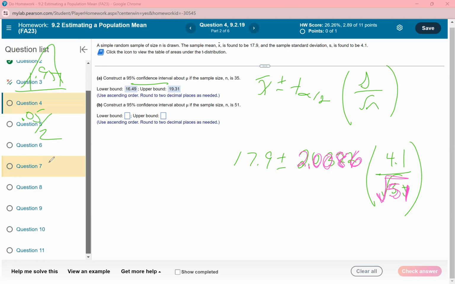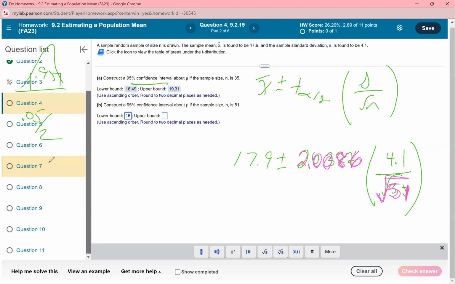Up arrow, go back, changing that minus after the 17.9 to a plus. All right, so lower bound, 16.70. Upper bound, 19.05. Yes, stays at 5.